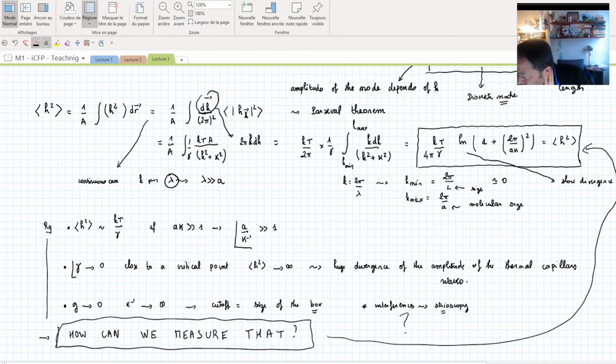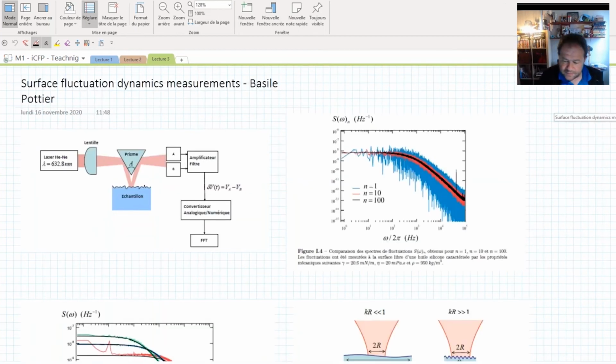Well, I will just show you a device that is not using strioscopy, but it's using an optical technique. So it's an experiment that has been done by Basile Potier at ESPCI.